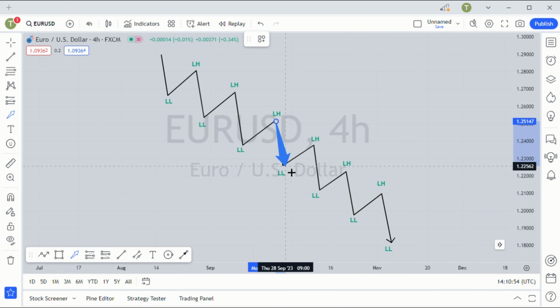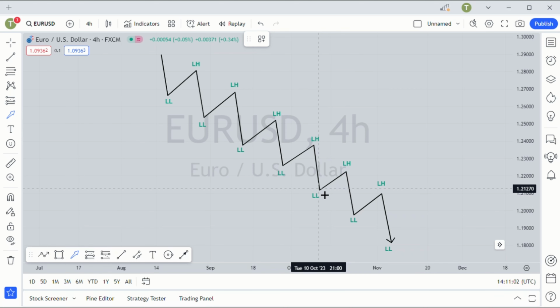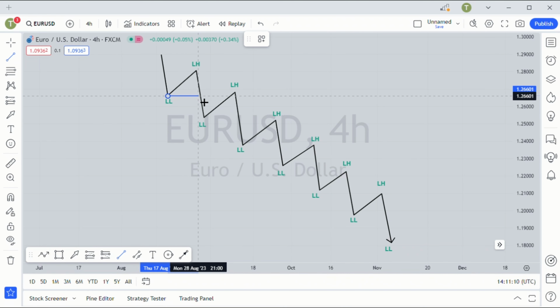Market structure breaking and pushing the market towards the downside. It is a simple concept that you can identify very easily. So look for patterns where each low is lower than the last low, and each high is lower than the last high.